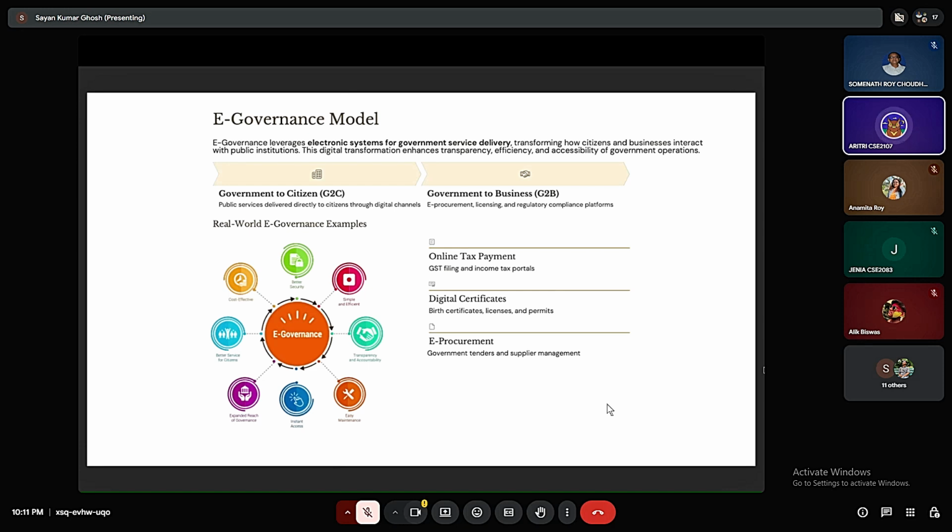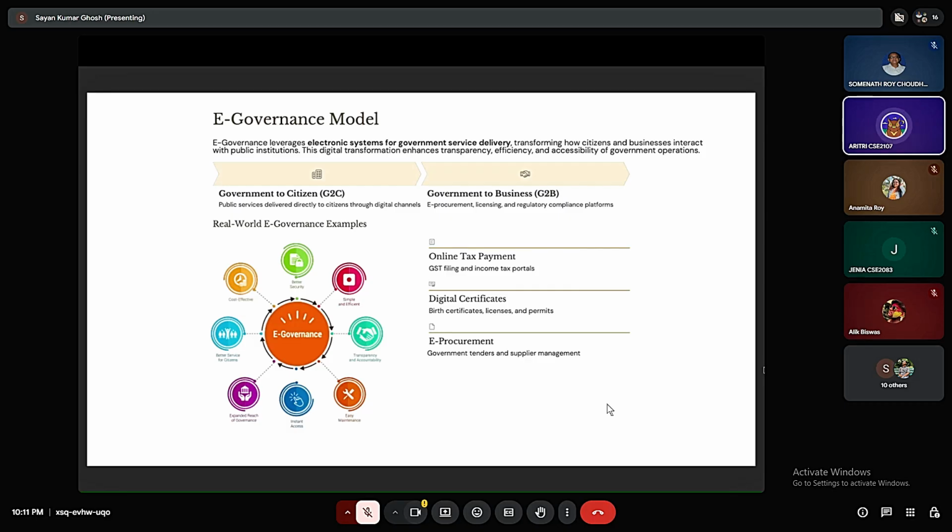Finally, I will talk about the e-governance model. E-governance uses electronic and digital systems to deliver government services. It improves how citizens and businesses interact with government. This model increases transparency, efficiency, and accessibility in government operations.